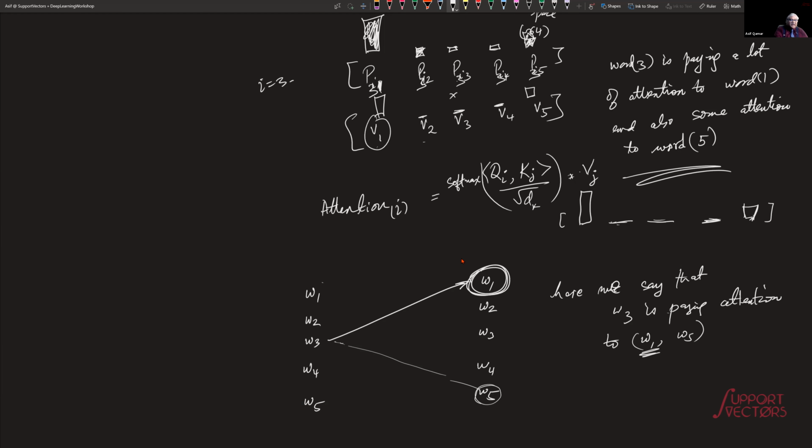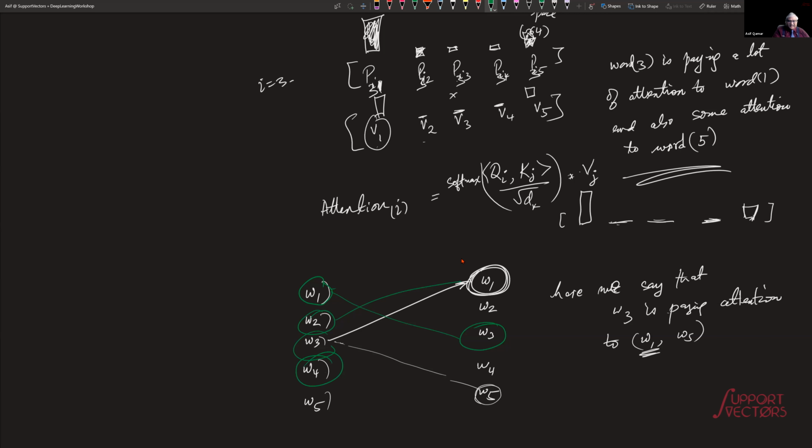And now you can go to every other word and you realize that all of them will be paying attention to something or the other, isn't it? Maybe, for the sake of argument, this one is paying attention to word 3. Maybe W2 is also paying attention to W1, and W3 we already did.